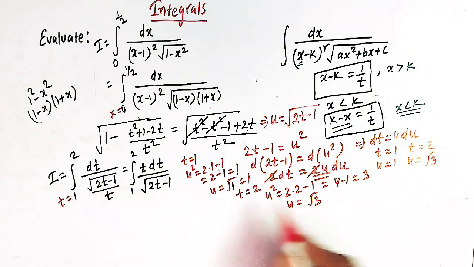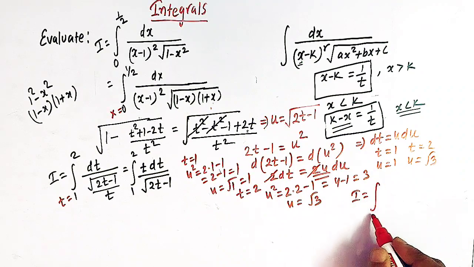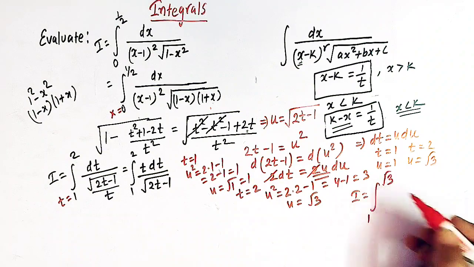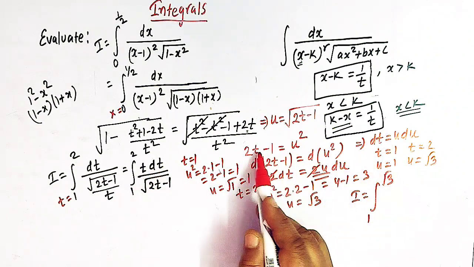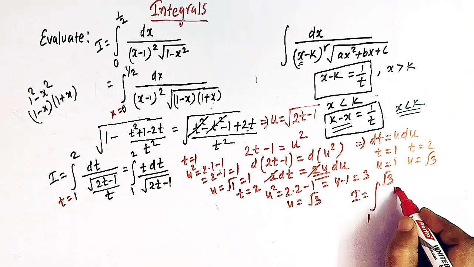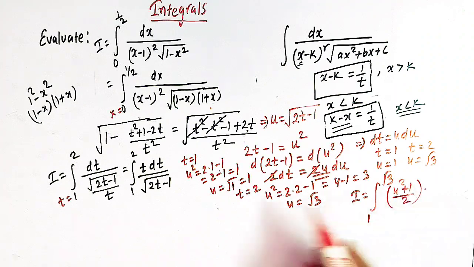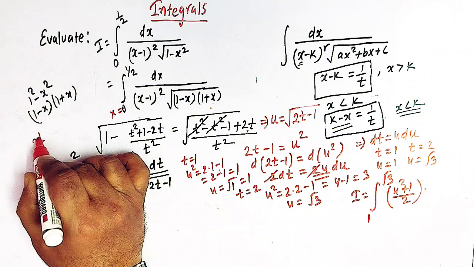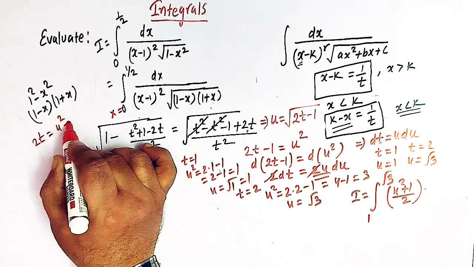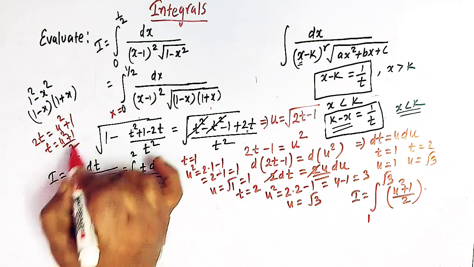So now this integral I may be written as 1 to square root of 3, and here we have t dt. So t is now equal to (u square plus 1) over 2, right? Because 2t minus 1 is u square, so 2t is equal to u square plus 1. So t is equal to (u square plus 1) over 2.